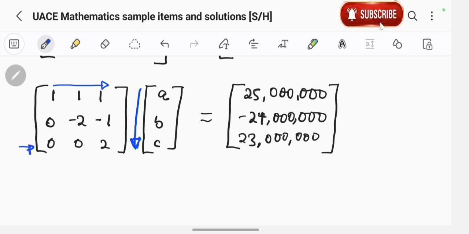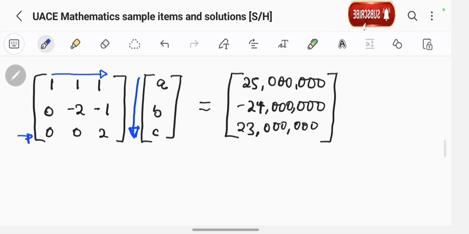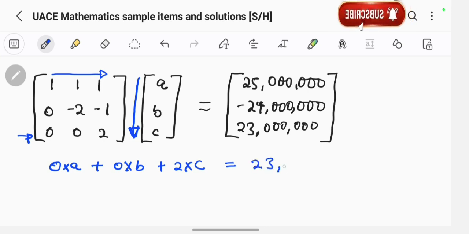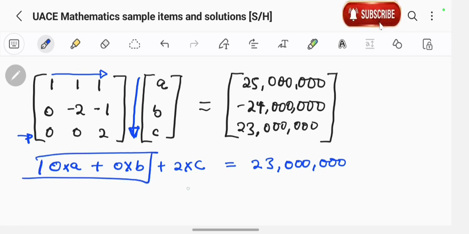So it's going to be 0 times A plus 0 times B plus 2 times C is equal to 23. And this part is giving us a 0. So I'm going to remain with 2C equal to 23 million.